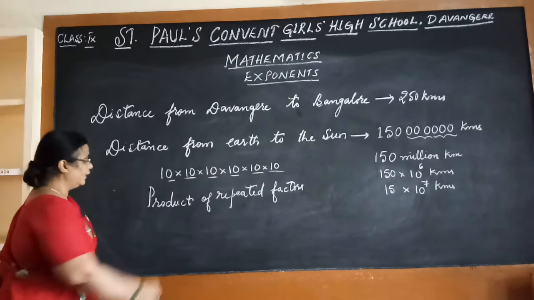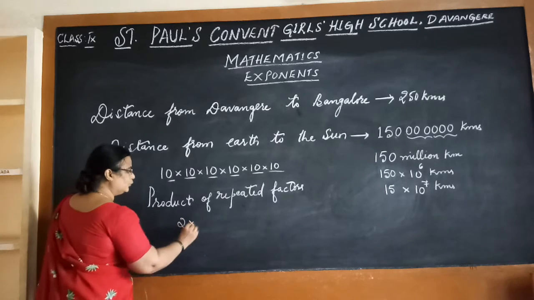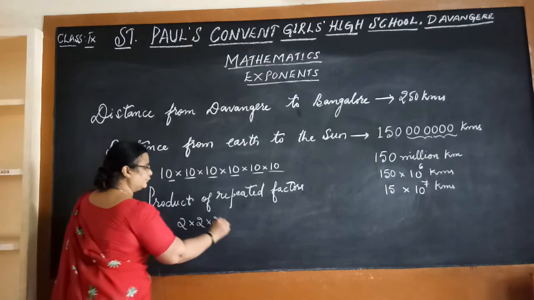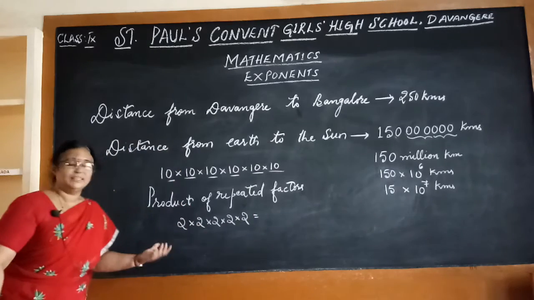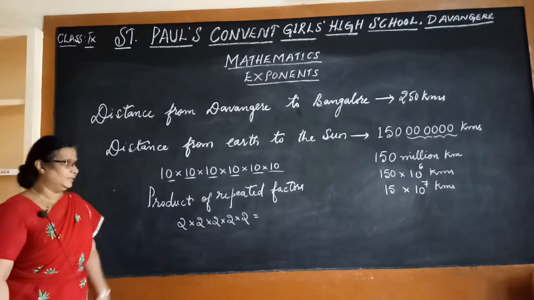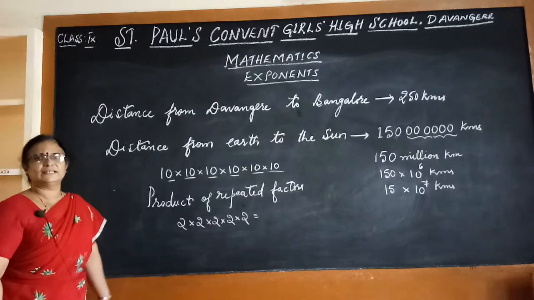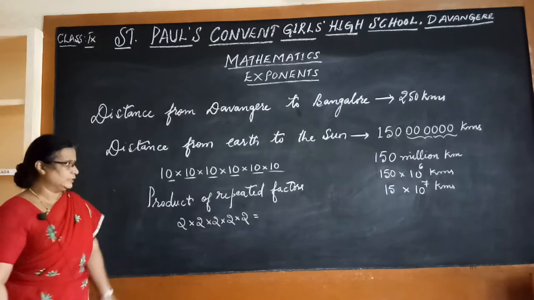In the same way, I can write 2 into 2 into 2 into 2 into 2. Which factor is repeated here? Factor 2 is repeated. How many times? 5 times it is repeated.